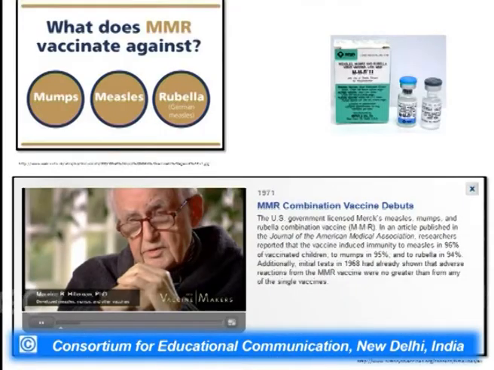In an article published in the Journal of the American Medical Association, researchers reported that the vaccine induced immunity to measles in 96% of vaccinated children, to mumps about 95% and to rubella in 94%. Additional tests which were done in 1968 also showed that the adverse reaction from the MMR vaccine was no greater than giving these vaccines singly.